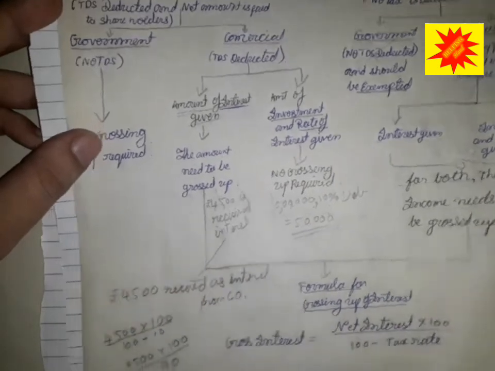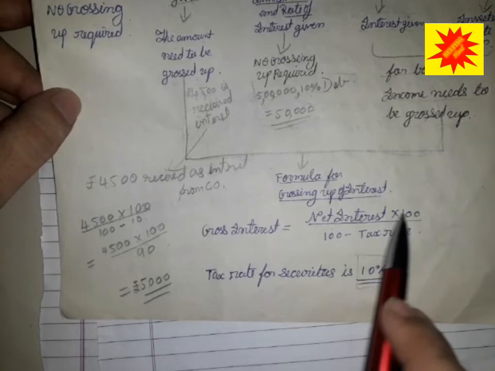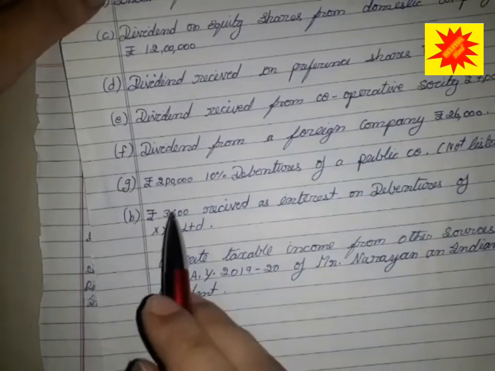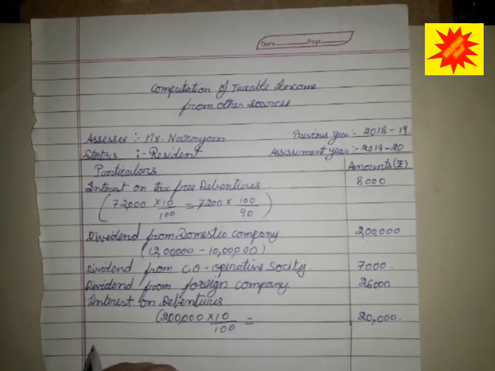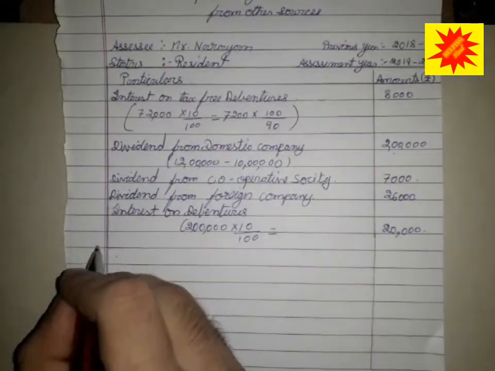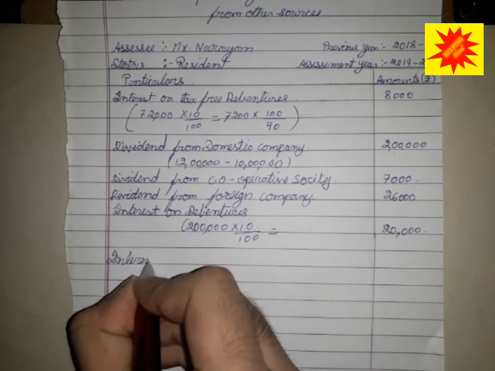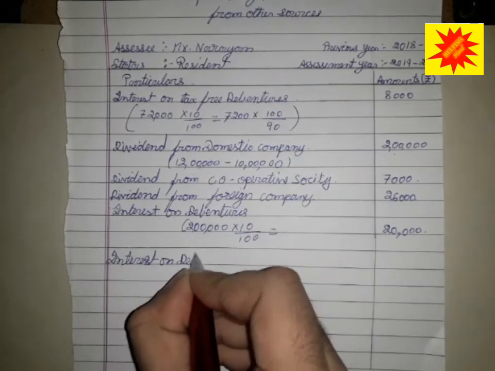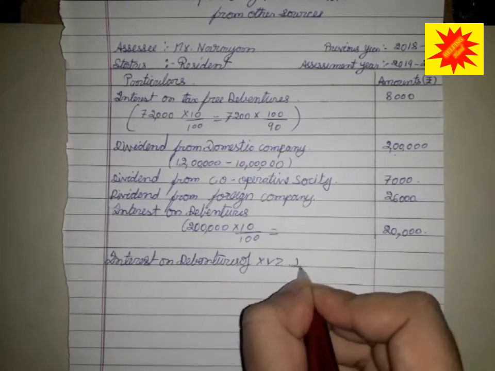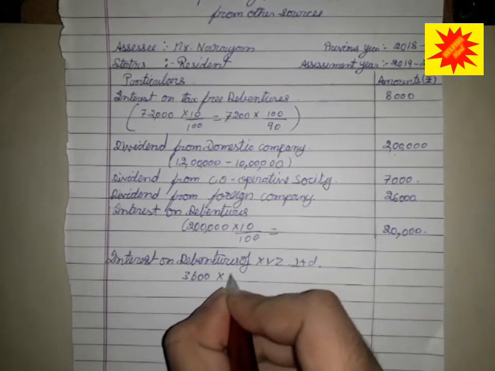So the grossing up formula is always the same: gross interest equals net interest into 100 divided by 100 minus rate of interest, which is 10%. Here the interest amount is directly given to us. So interest on debentures of XYZ Limited is how much? 3,600 into 100.